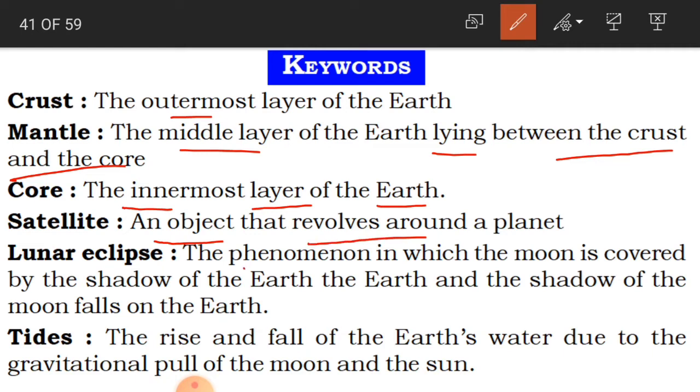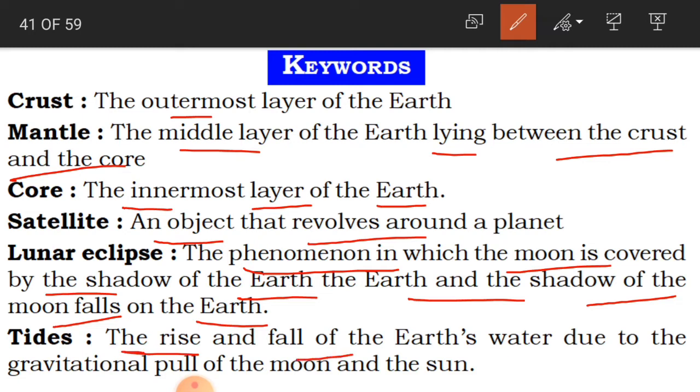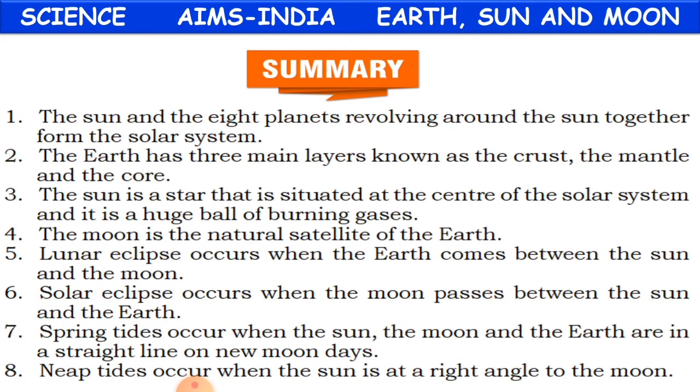Lunar eclipse, the phenomenon in which the moon is covered by the shadow of the earth. Solar eclipse, the shadow of the moon falls on the earth. Okay. Tides, the rise and fall of the earth's water due to the gravitational pull of the moon and the sun. Clear children?